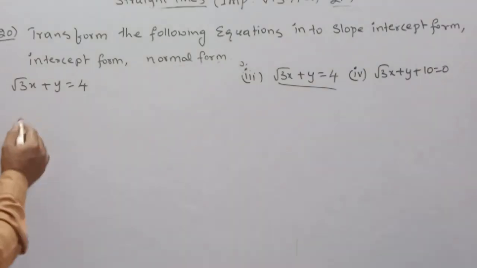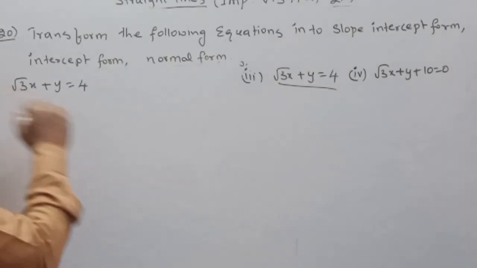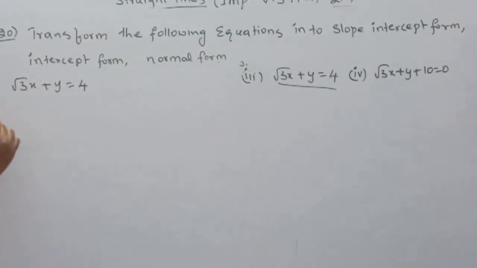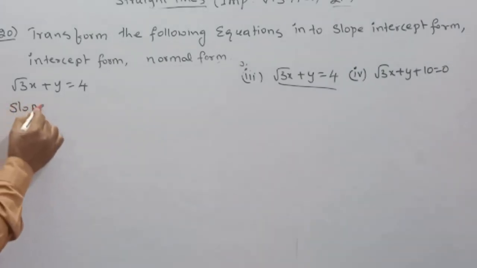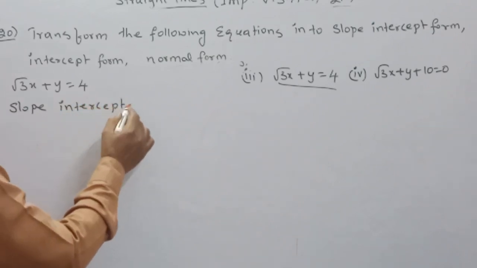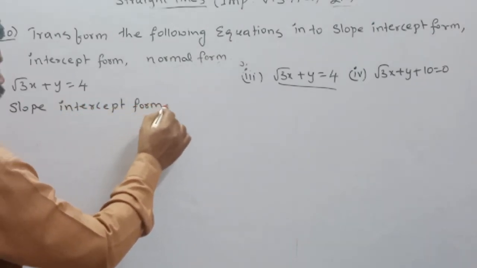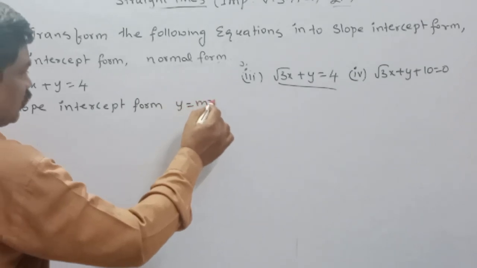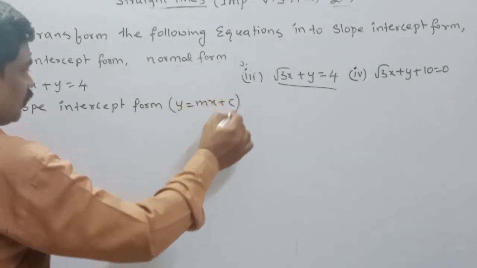Then here the first one is the slope intercept form, y is equal to mx plus c.